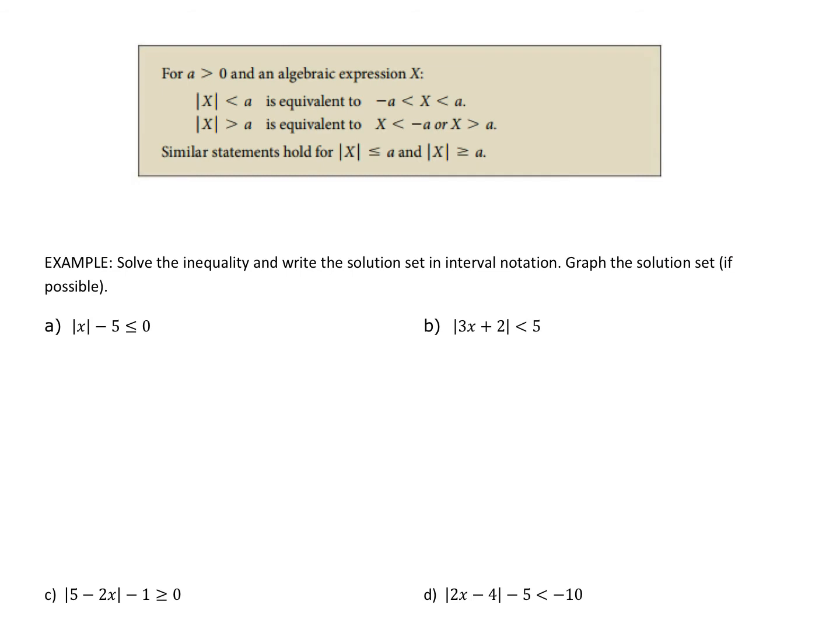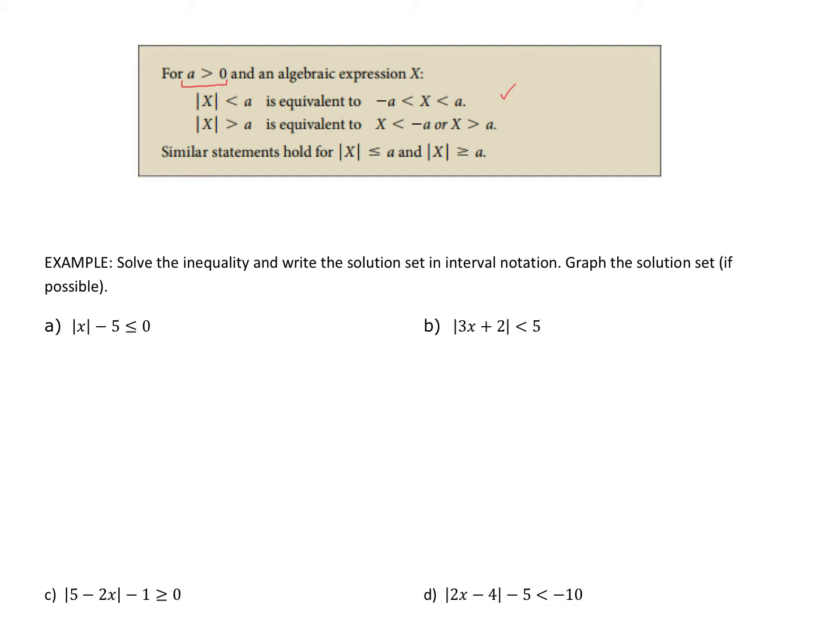So how are we going to solve these absolute value inequalities? Provided that a is greater than 0, because we know an absolute value has to be positive or 0, then for the absolute value of x less than a, that's a less than, we will write it as a chain: minus a less than x less than a.